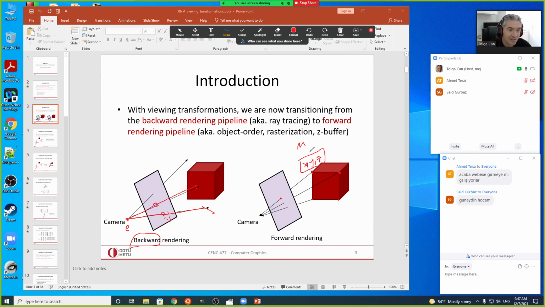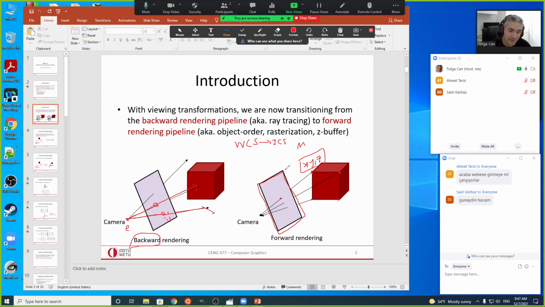The first step, modeling transformations, builds the scene and finds the coordinates of these vertices in the world coordinate system. Then our goal will be to get this world coordinate XYZ to an image coordinate on the image, or the viewport. This window is our viewport. Actually, the viewport is the one on the screen, but we call this the image window.